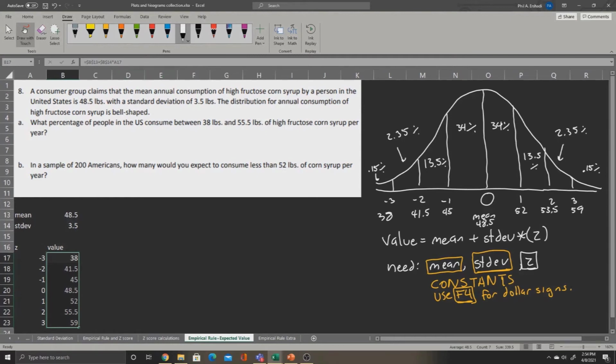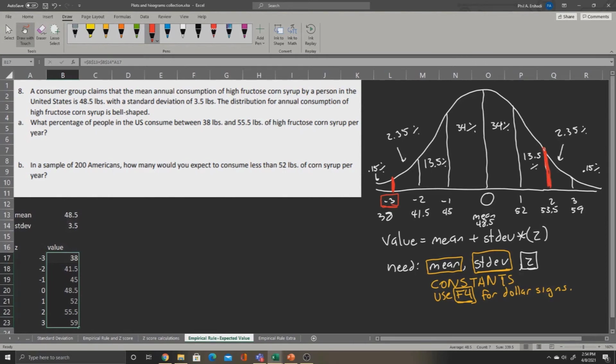The question we are being asked now that we have all of these values is what percentage of people in the U.S. consume between 38 and 55.5 pounds of high fructose corn syrup per year? The 38 pounds is marked here on the graph. This corresponds to z of a negative 3. 55.5 pounds is marked at the positive 2 on the graph.